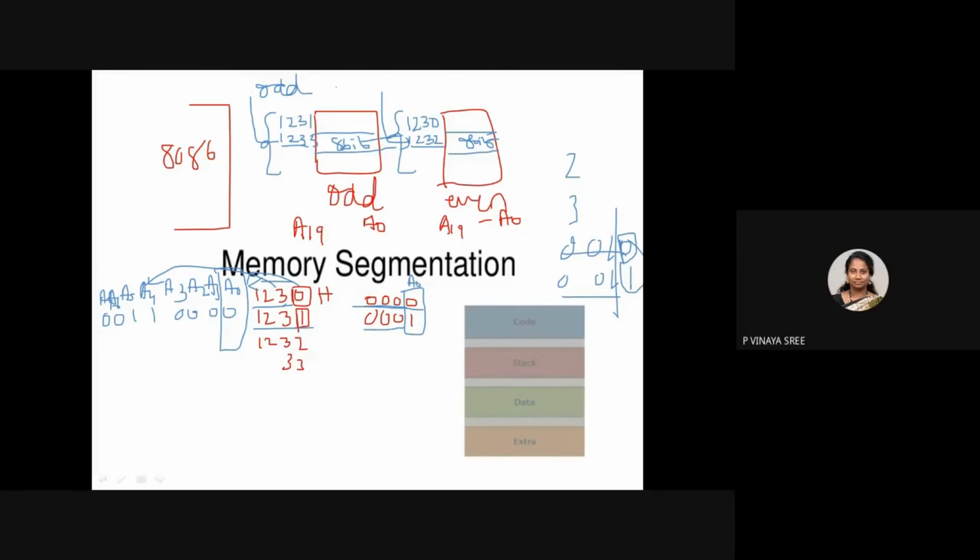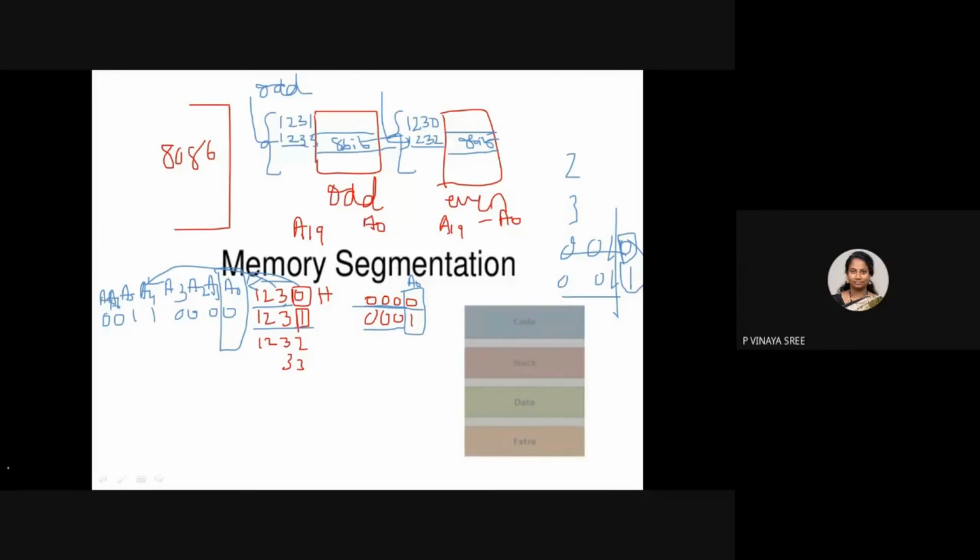Now first tell me what will be the size of this memory and the size of this memory. If you divide equally, as it is 1024 KB, what will be the size of one memory?